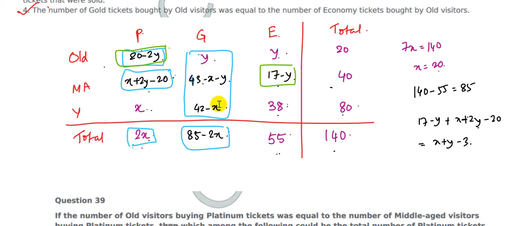So 43 minus x minus y equals 42 minus x. What does this mean? This means y equals 1. So that is also possible. No problems there.